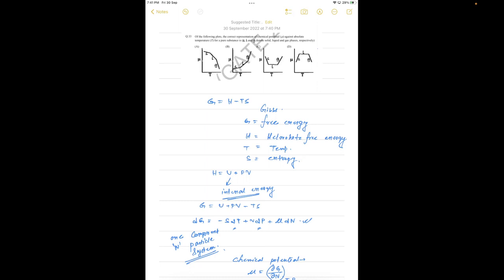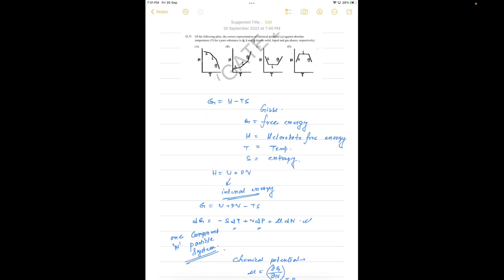Option B is completely opposite here. So del mu del T is lower in solid, then liquid, then gas. And C or D show different behavior. So for the different phases, the mu versus T diagram will be option A: first solid, then liquid, then the gaseous system, because del mu del T is the negative of the entropy value.